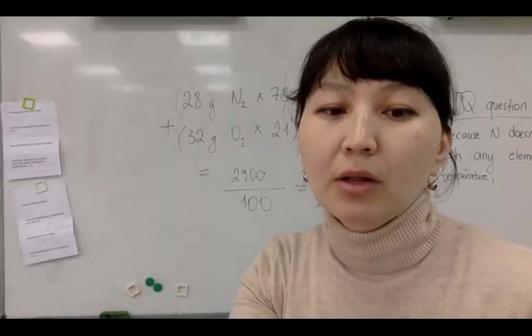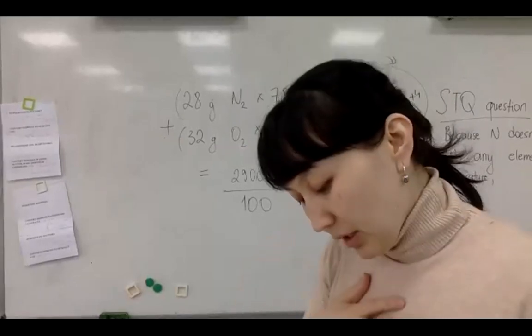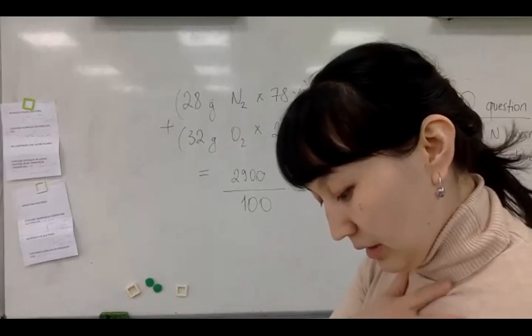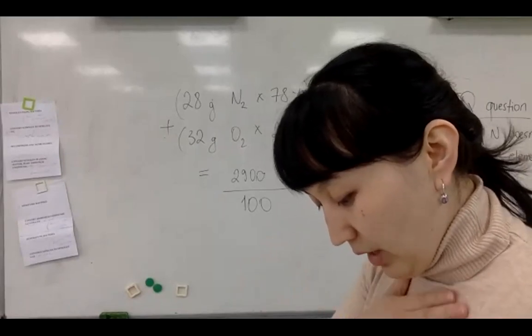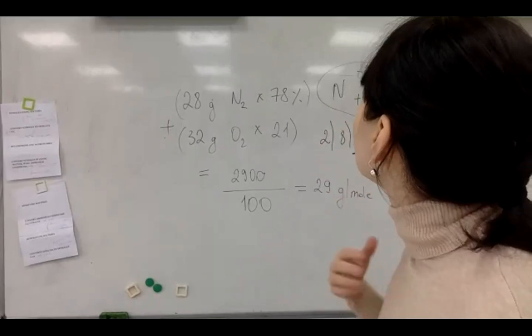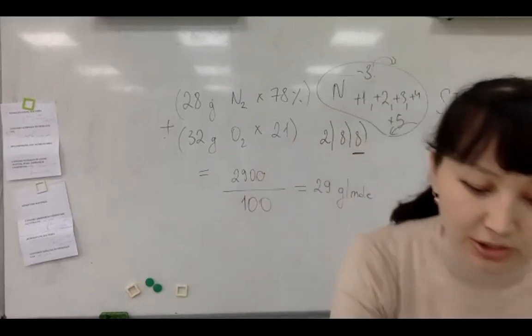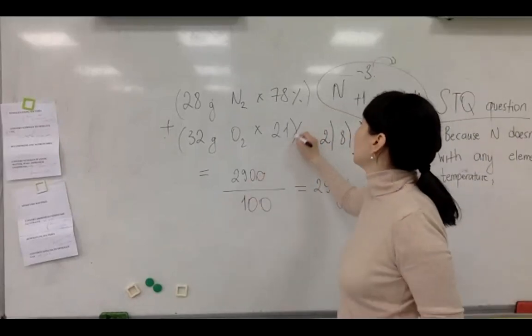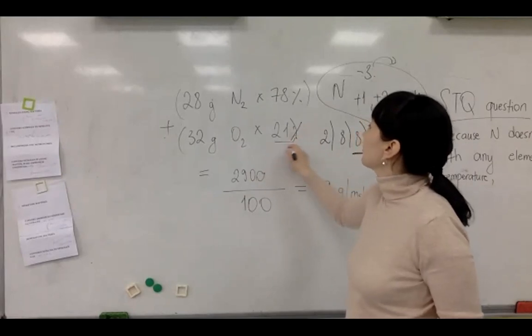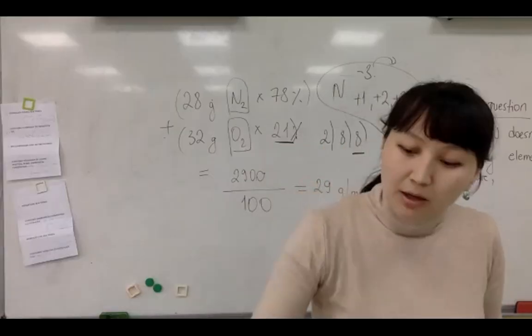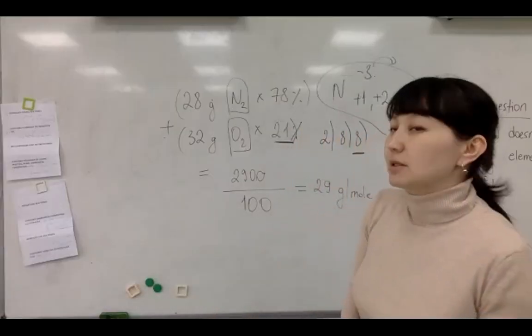Okay, login. Okay, successfully you have entered participating. Okay, look at it. Other 21%. Okay, what is it? 21% of oxygen. Oh, yes. How did we find these numbers?